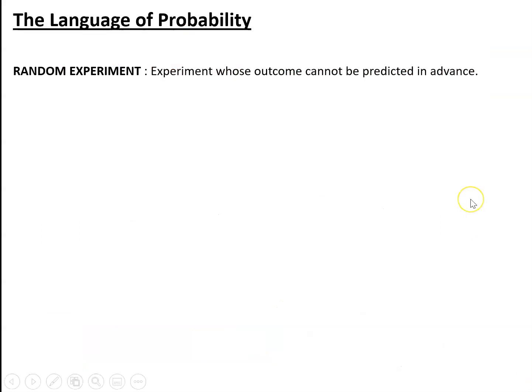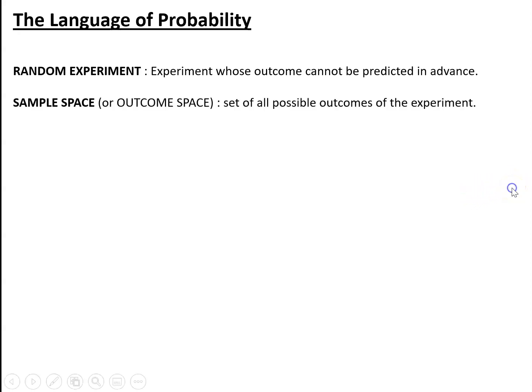Within probability the fundamental idea is that of a random experiment, and that is simply an experiment whose outcome cannot be predicted in advance. The sample space, or the outcome space, of a random experiment is simply a list of all of the possible outcomes of that experiment, which will probably be written in set notation.